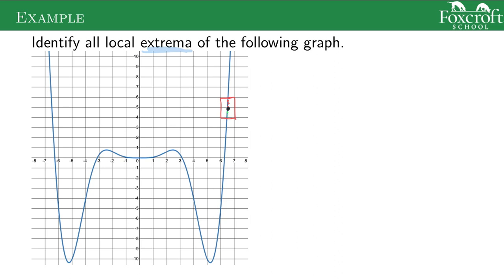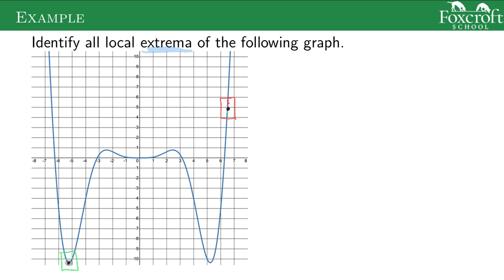So what are our local extrema going to be? Well, the first one is down here, and that's going to be a local minimum. Because if I think about this specific point right at the bottom of this valley, and think about any y values close to it, so again, I can just think about a little box around here, any of the y values close to it are above it.